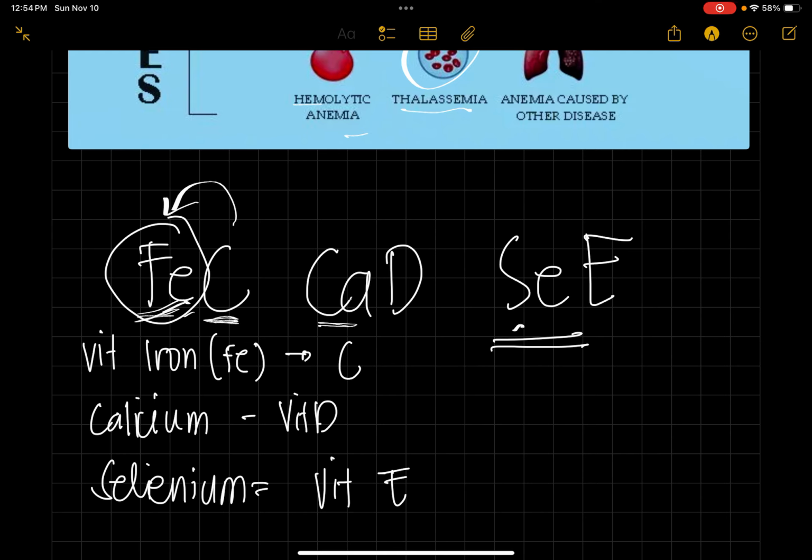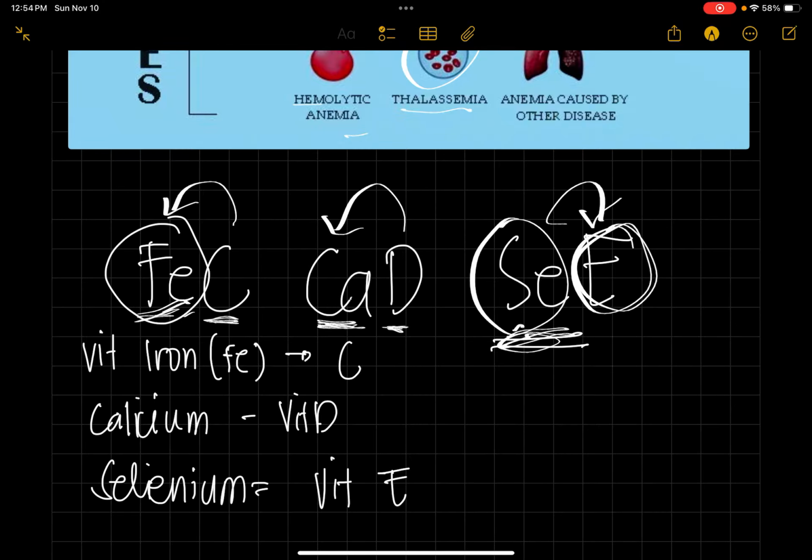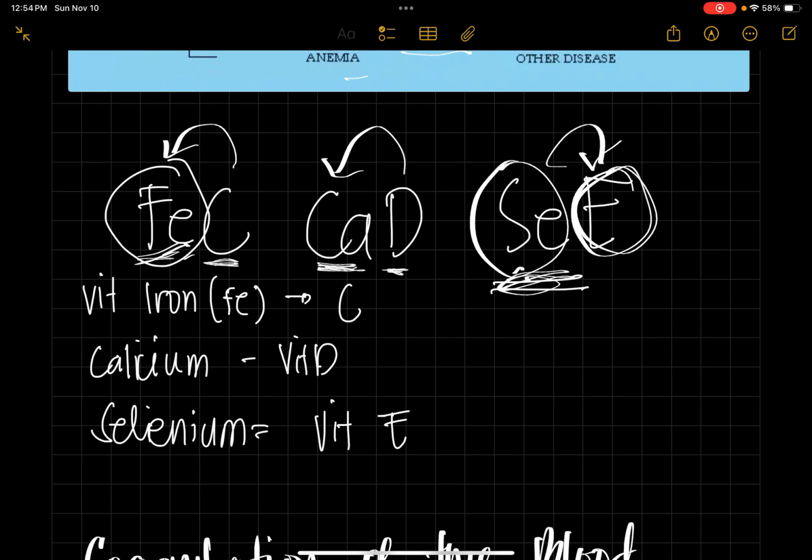And when you're taking calcium, you also need to have vitamin D to absorb the calcium more. And when you're taking a vitamin A, you have to also have selenium so that maka-absorb ka mayusang vitamin E.